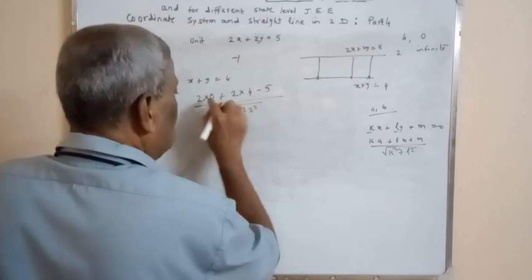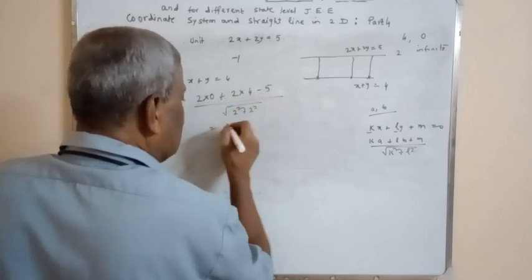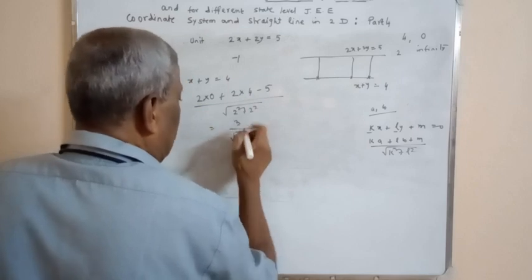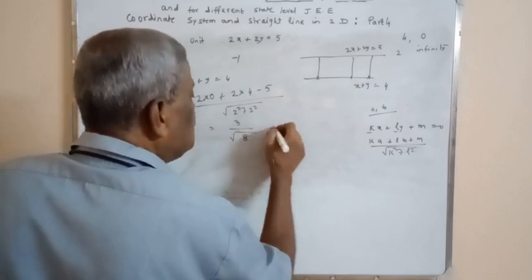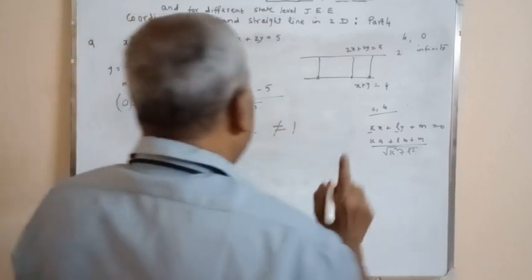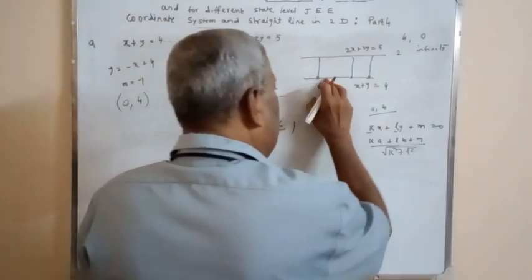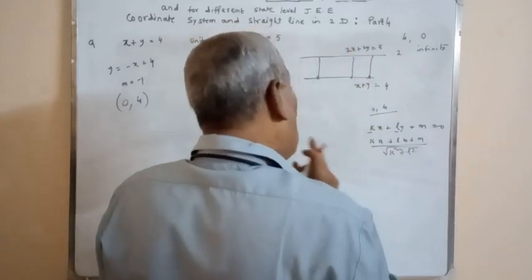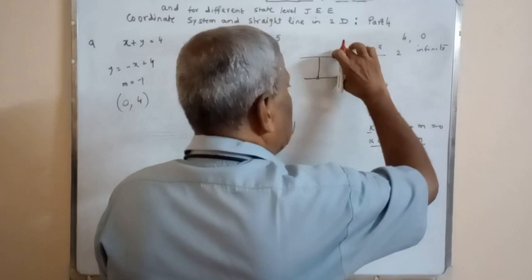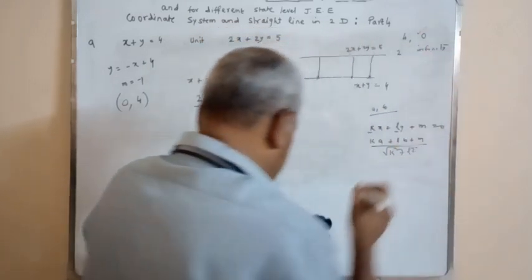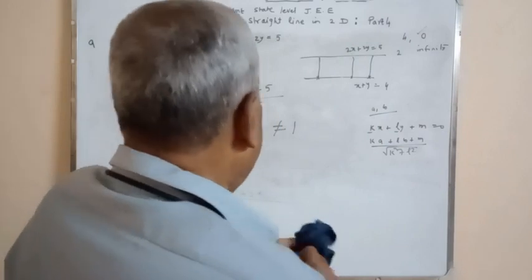It is equal to 8 minus 5, that is 3 by root over of 8, which is not equal to 1. So, distance from any point on it cannot be equal to 1 on that straight line as because they are parallel. So, second option, that is option B, is correct for that problem.